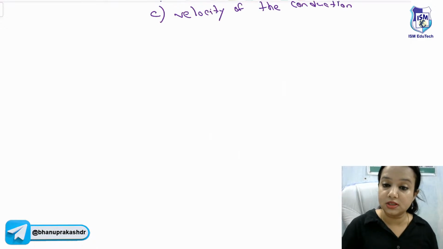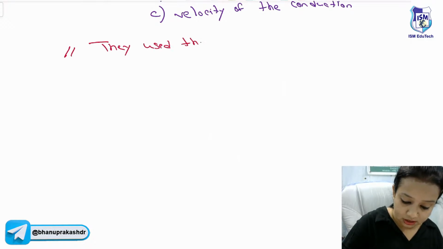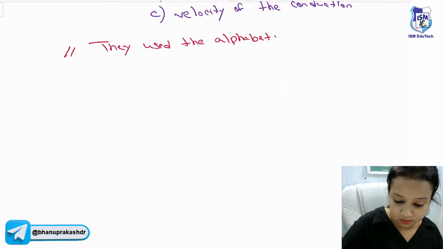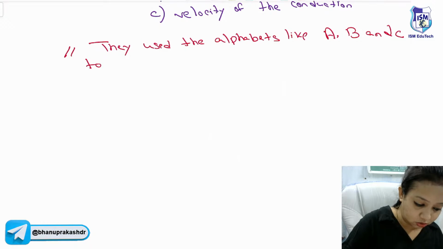So if we make a column, the classification stands out like this. One thing about Erlanger and Kaiser is that they used the alphabets A, B and C to classify.